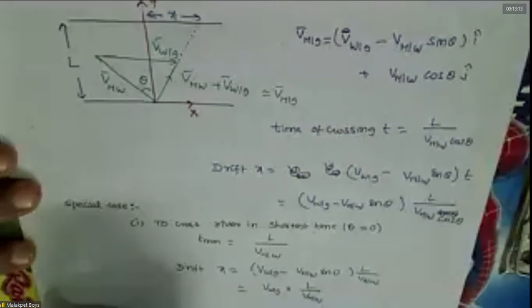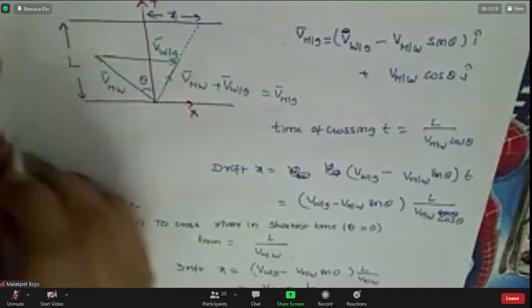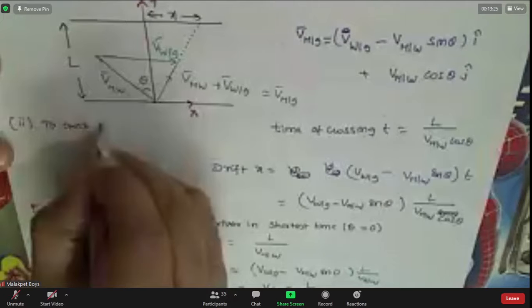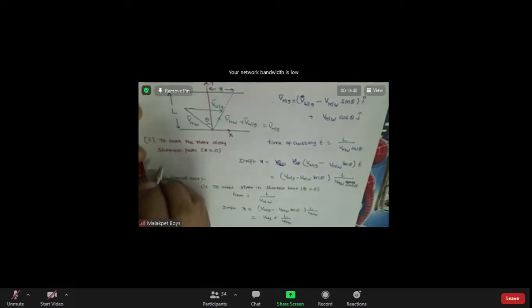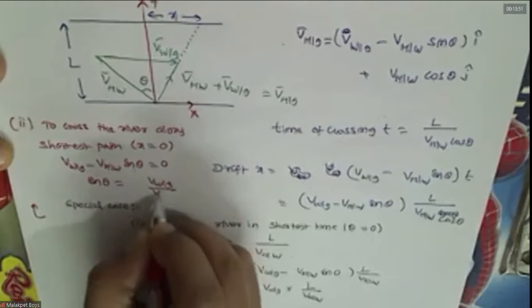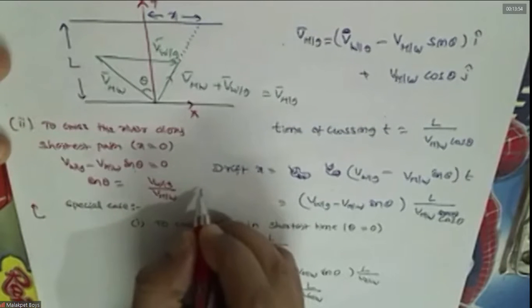So after this, we have seen, this is a summary of what we learned. The last one also we have learned. That means x should be equal to 0. No drift should occur. You should reach the diametrically opposite point. Therefore, for sine theta equals this, he can reach.